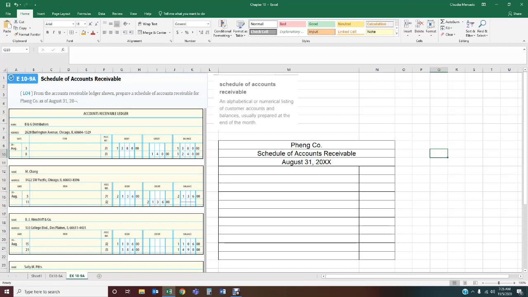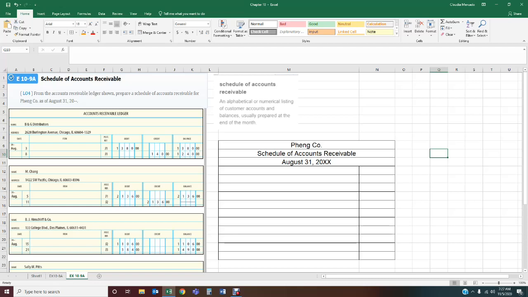So for example, B&G Distributors purchased something on account for $1,380. That meant that as of August the 3rd, B&G Distributors owed me $1,380. That was my balance. Then a couple of days later, on the 8th, they made a payment of $140. So now B&G Distributors owes me $1,240.